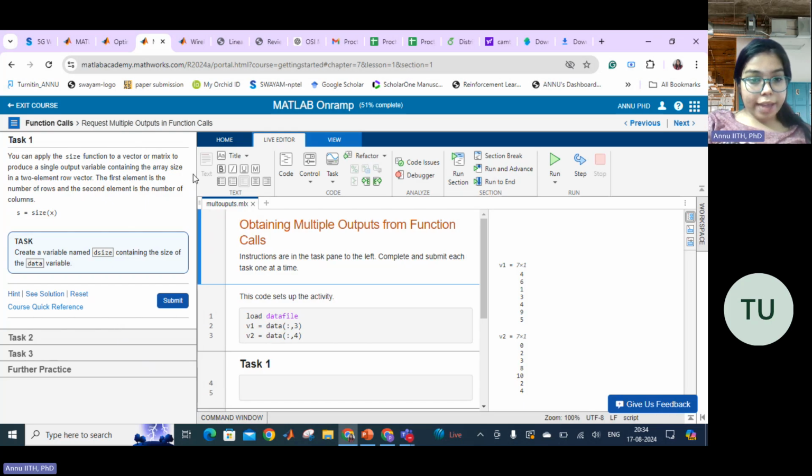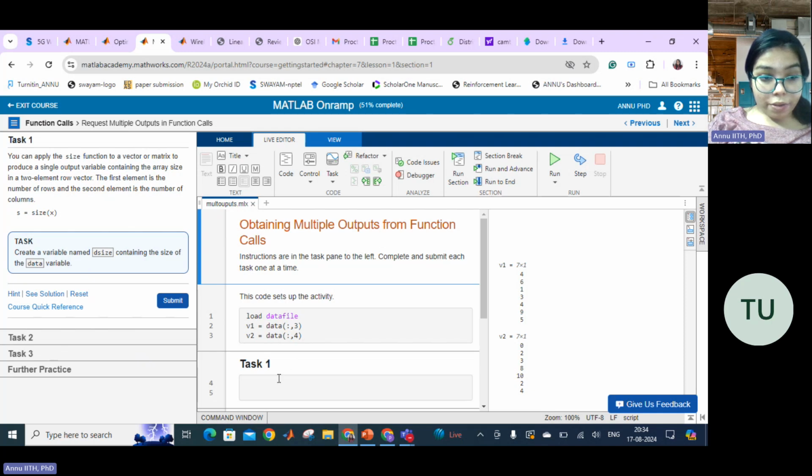Suppose you have the task of applying the size function to a vector or a matrix to produce a single output variable containing the array size in a two-element row vector form. The first element is the number of rows, and the second is the number of columns. So size is very important to see that.